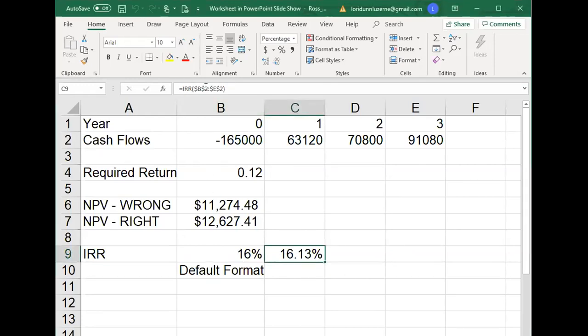There it is up here in your bar. So it's very similar to what we do for our calculator. We're going to put equals IRR is the formula, start a parenthesis, and we want to tell it only look at the amounts in B2 through E2.